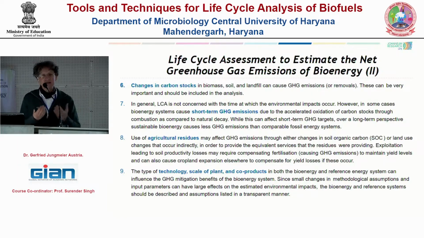So the change in the carbon stocks is also relevant to see if more or less carbon is stored per hectare, because the difference of the stored carbon is on one hand the CO2 emissions or an additional CO2 uptake that has to be considered in the overall comparison.